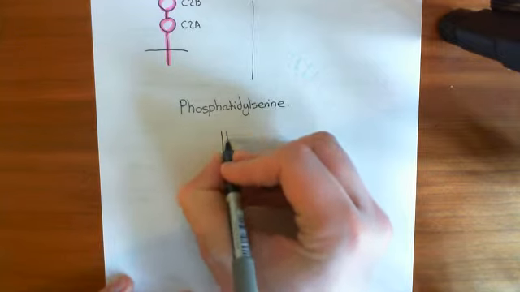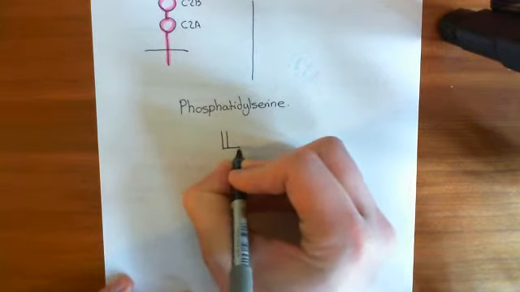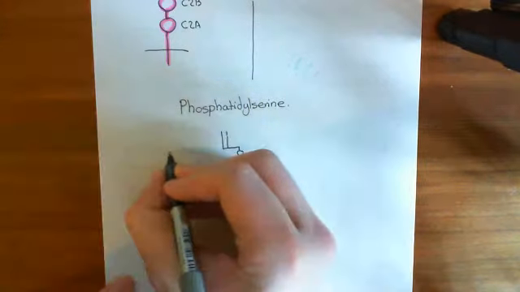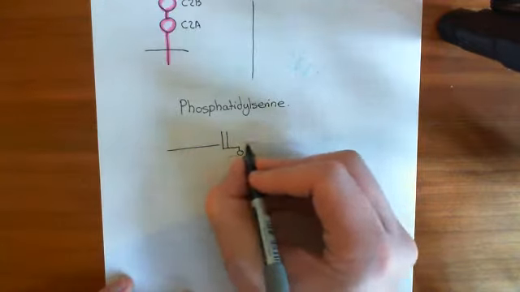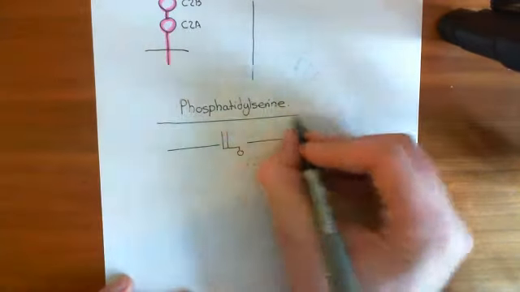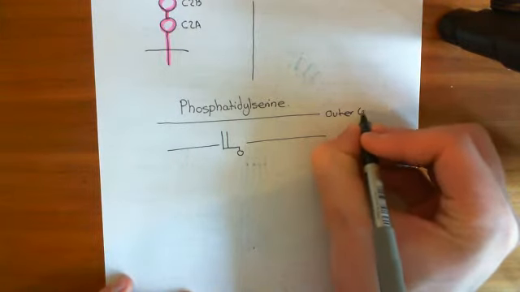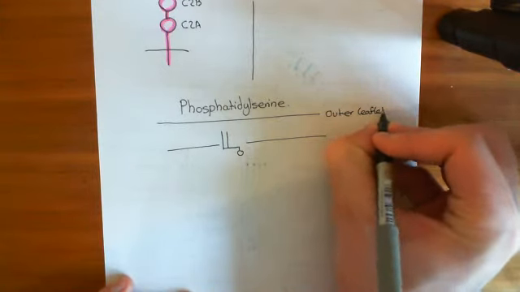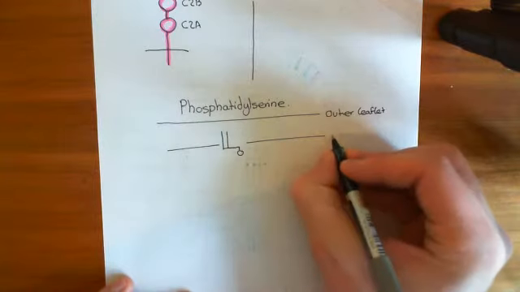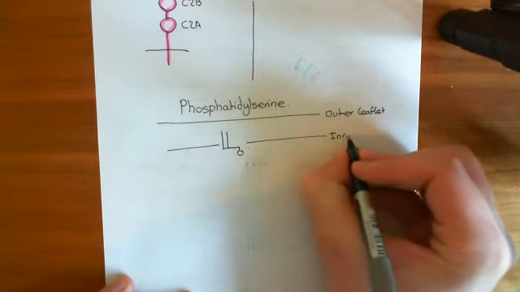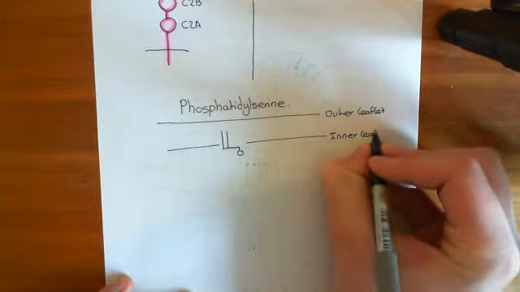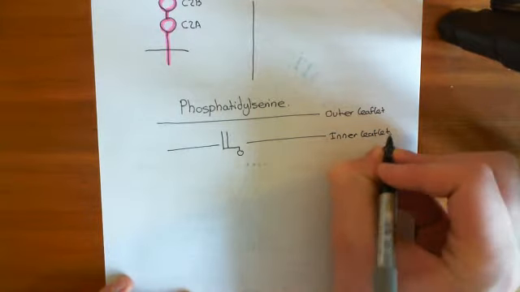A phospholipid can be drawn in cartoon form, like so. Let me put this sitting in a phospholipid bilayer. Here's the inner and here's the outer leaflet of the phospholipid bilayer. The outer leaflet is the layer of phospholipids facing the extracellular fluid, and the inner leaflet is the layer of phospholipids facing the cytoplasm.